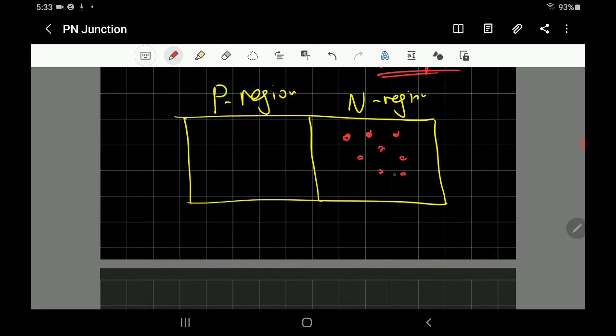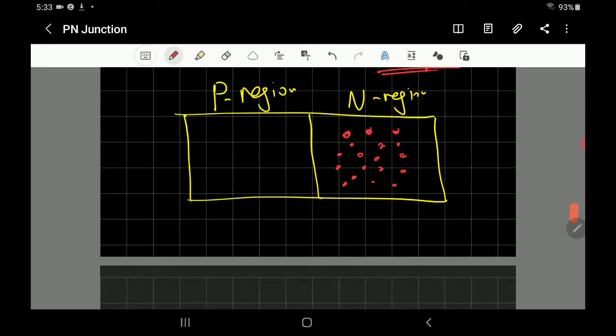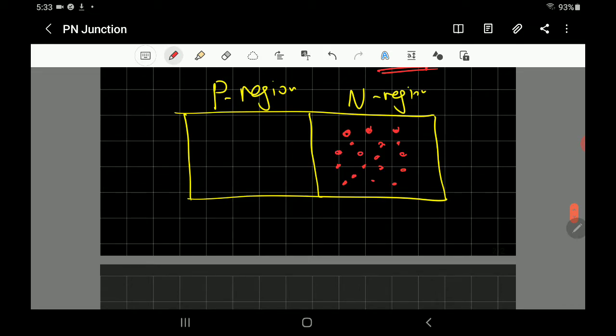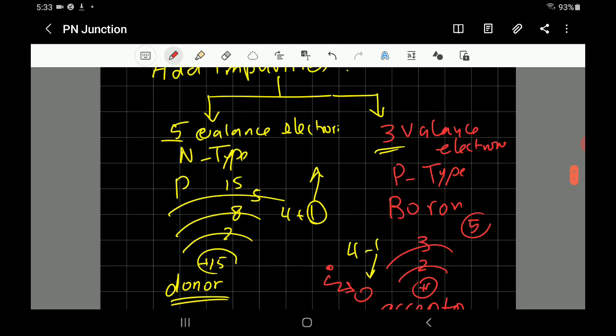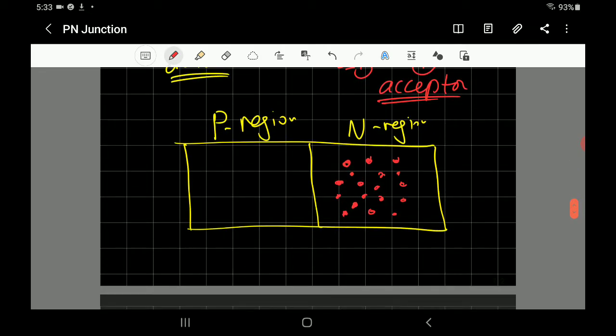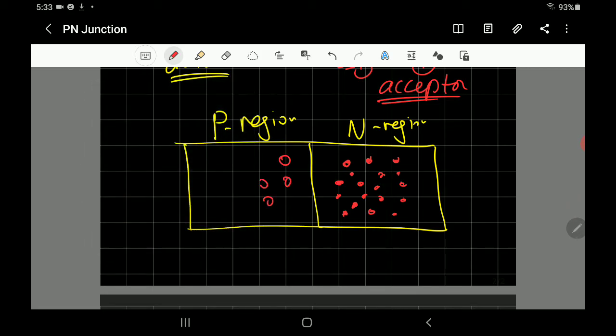Because the material added to the silicon, like phosphorus, has an extra electron, because there are 5 in the end. Of course, you have many atoms of this material, so you have more electrons. On the other hand, the p region is made by adding boron, a material with 3 valence electrons, so it's missing electrons. So it has more holes, the majority holes, because they are missing electrons.